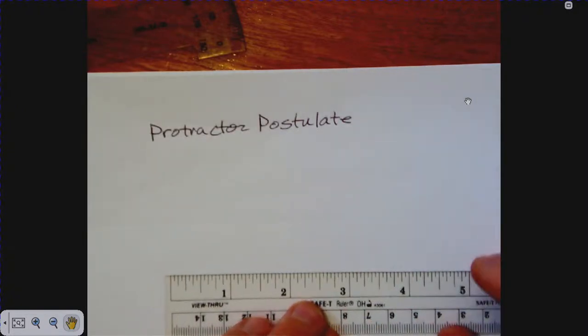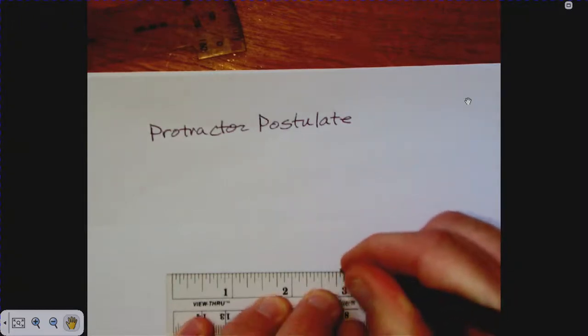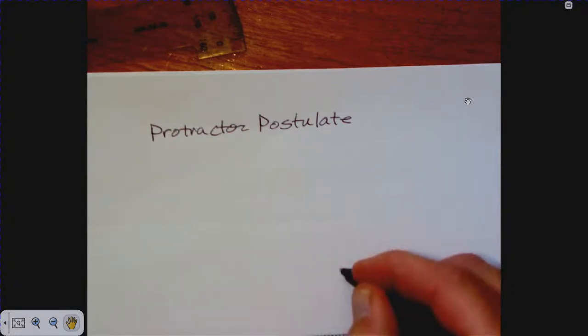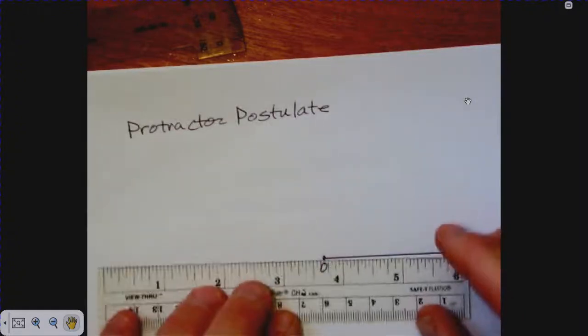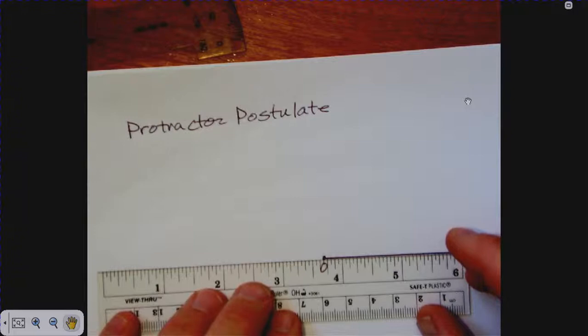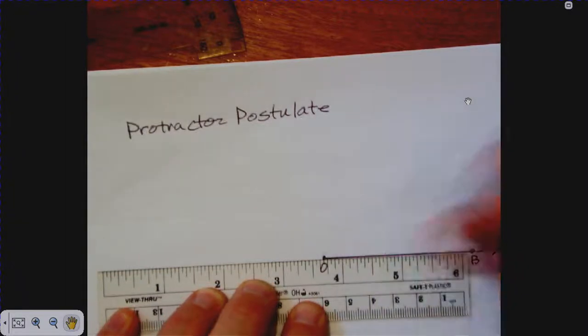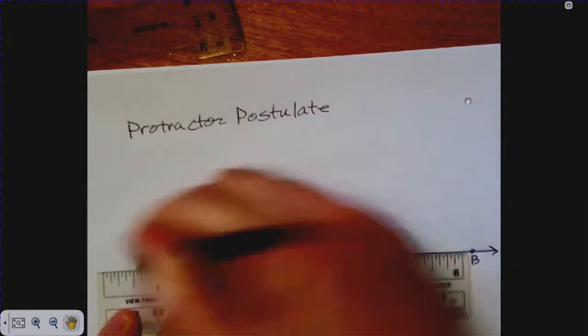one ray, OB, and another ray along the same line, and that's going to be ray OA.